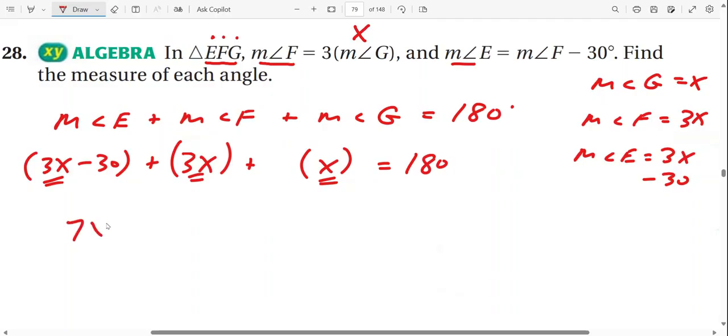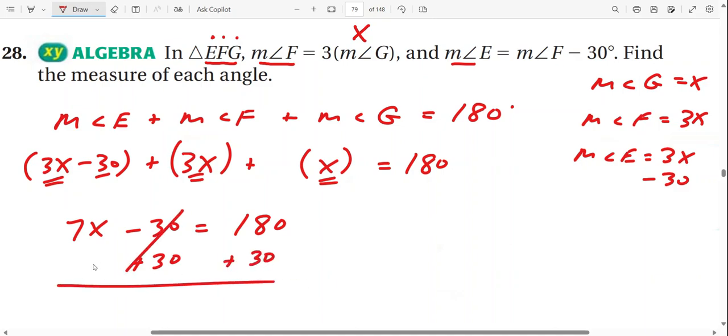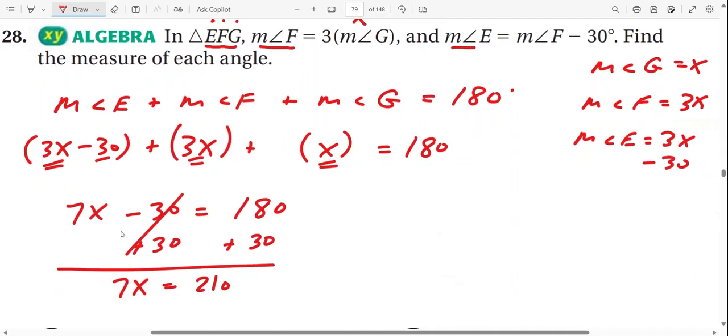Good job. Any other numbers to combine? We just have negative 30. We can't combine it. And we said that equals 180. Opposite of minus 30 is plus. Bring down your 7x, and that equals 210. You good so far? x equals 30. Good. The opposite of times 7 is divided by 7, and x is 30.